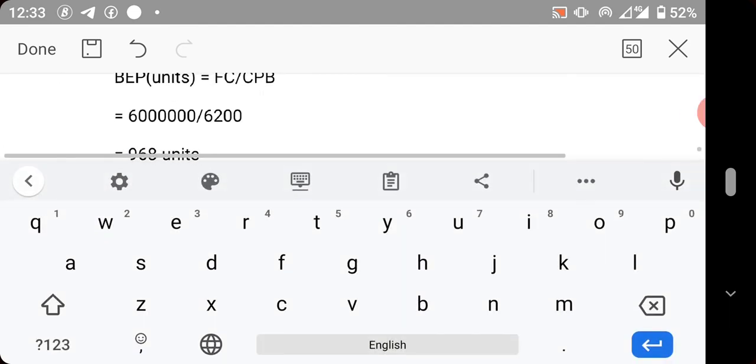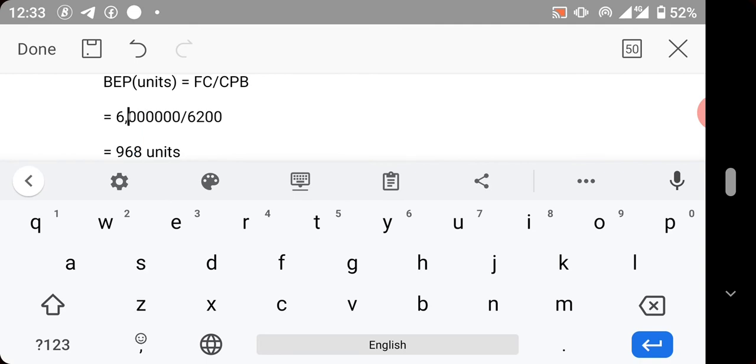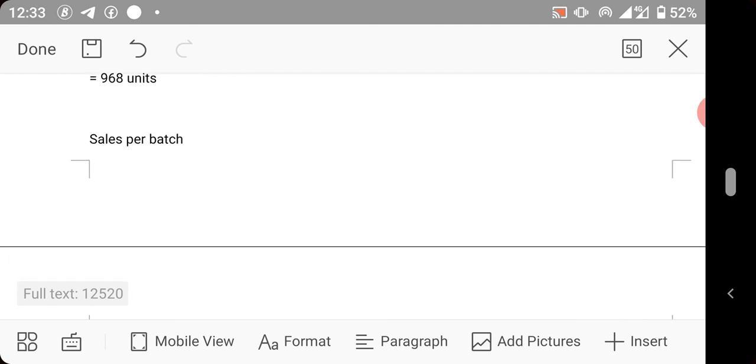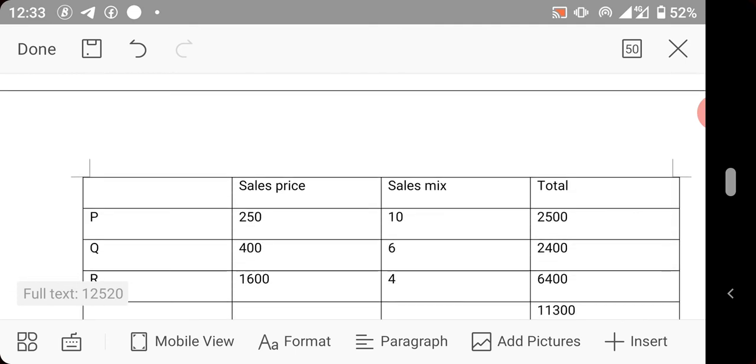Per batch, which we got already to be 6,200 naira. So with this given, we have a break-even point in units of 968. This implies that for us to break even, we must sell the 3 lines of product to the total number of 968 units.